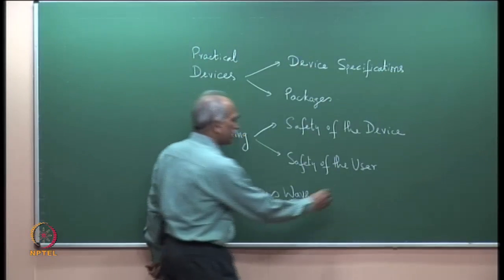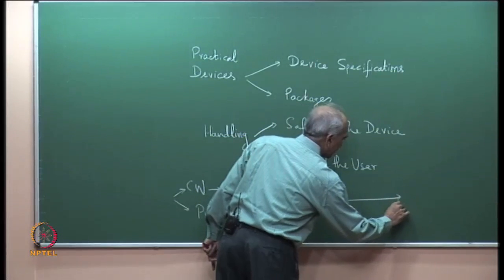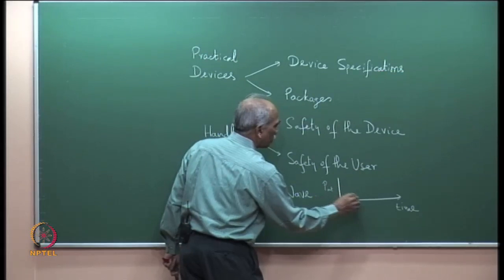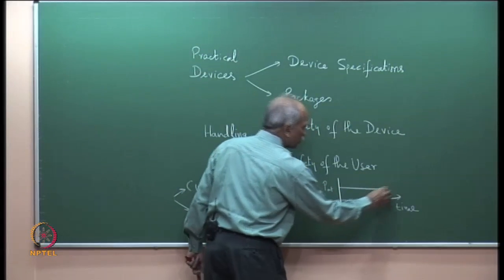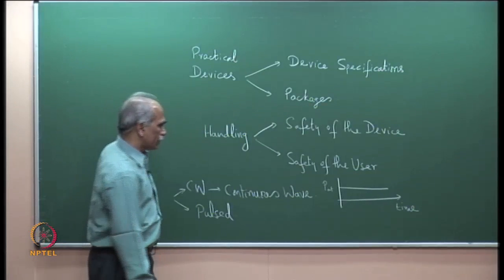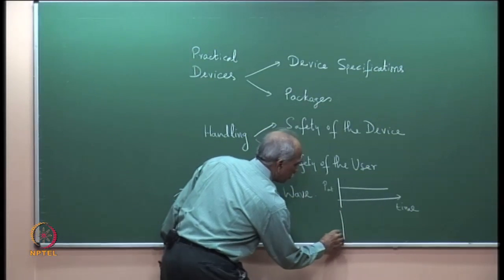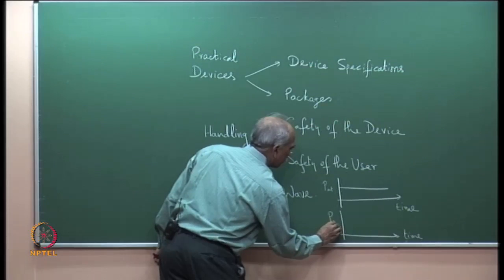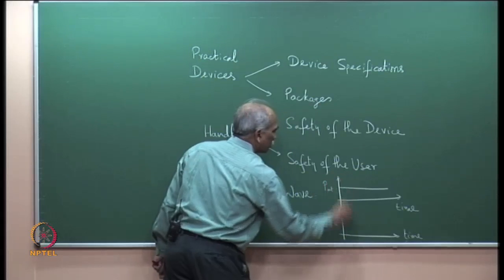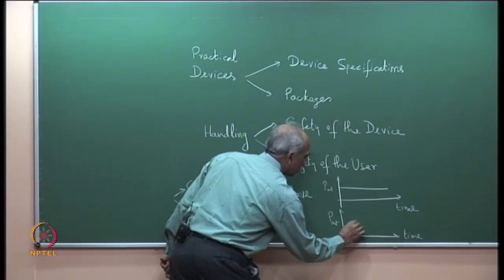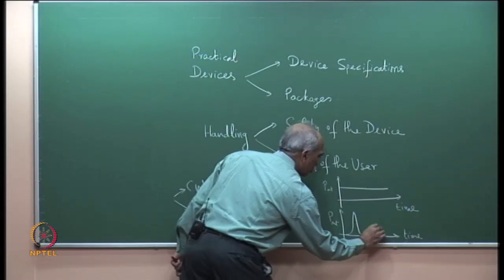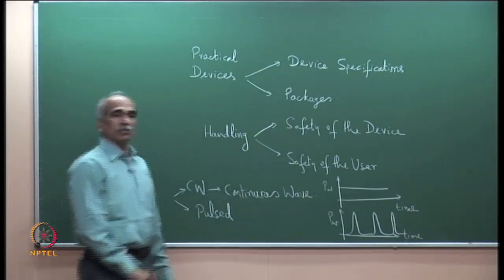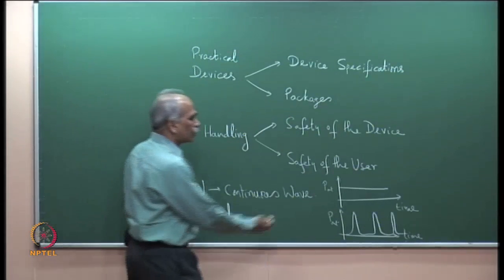CW means if you plot time versus P out, you will have a certain fixed level. And for a pulsed laser, if you plot time versus power P out, then you will have power varying, and so on. So, that is a pulsed output.